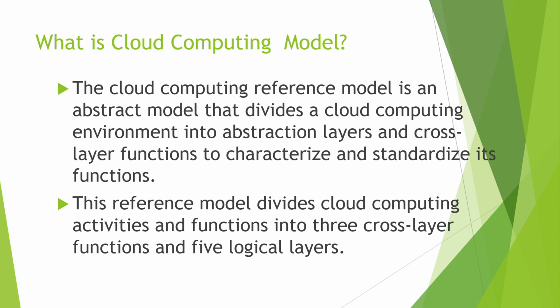What is cloud computing reference model? The cloud computing reference model is an abstract model that divides a cloud computing environment into abstraction layers and cross-layer functions to characterize and standardize its functions. This reference model divides cloud computing activities and functions into three cross-layer functions and five logical layers.